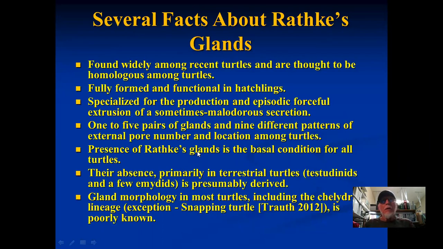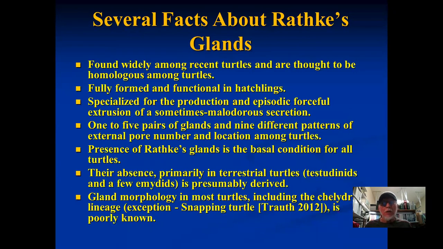Here are several facts about Rathke's glands. They're found widely among recent turtles and are thought to be homologous among all turtles. They are fully formed and functional in hatchlings.